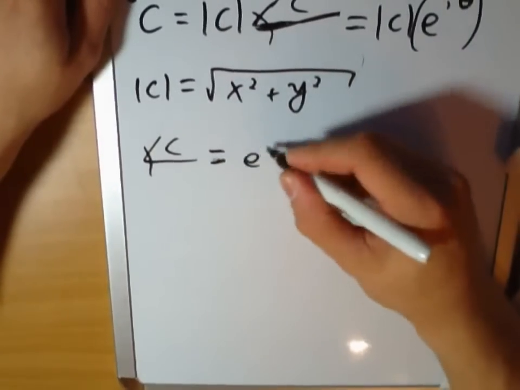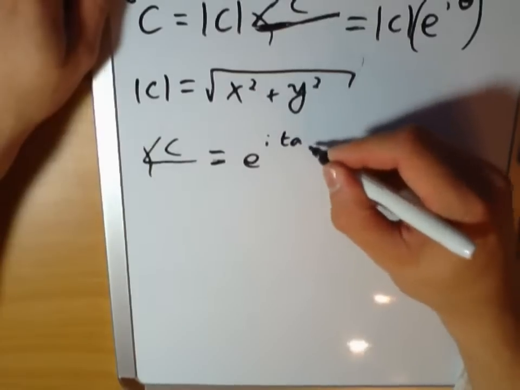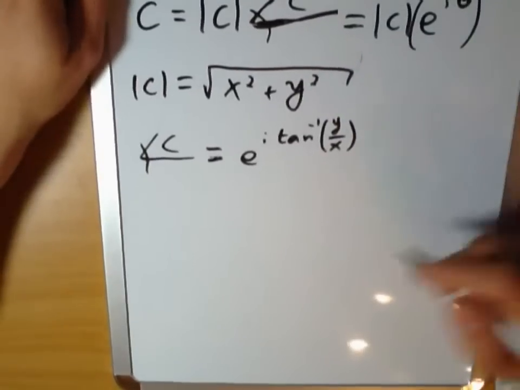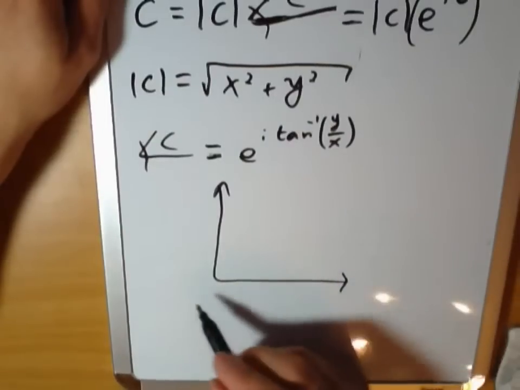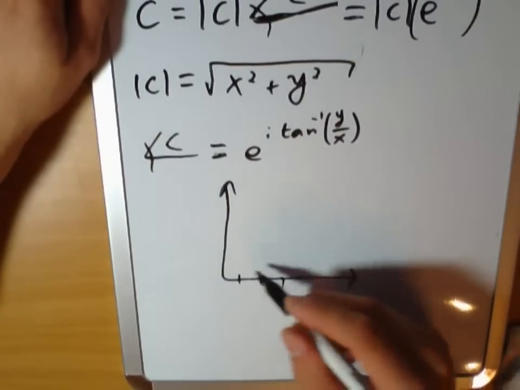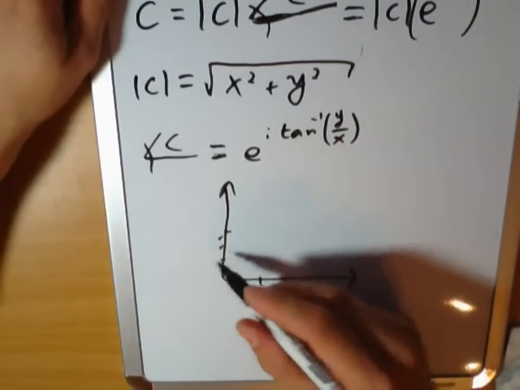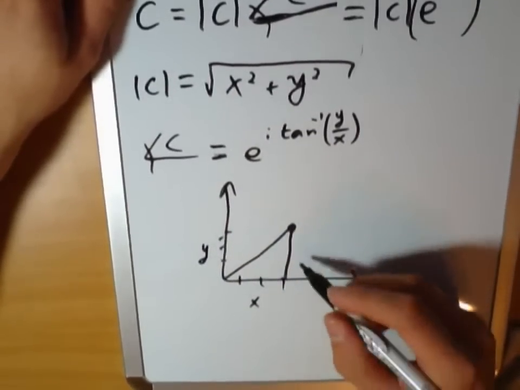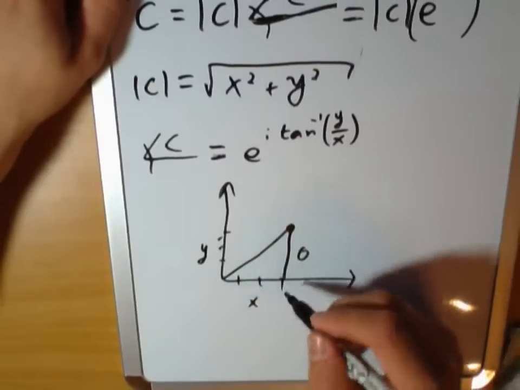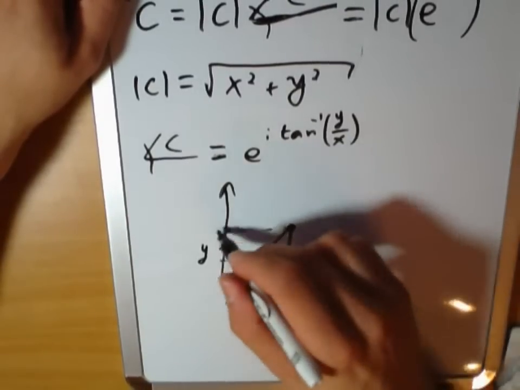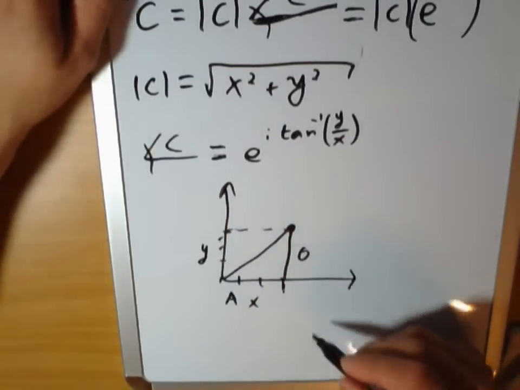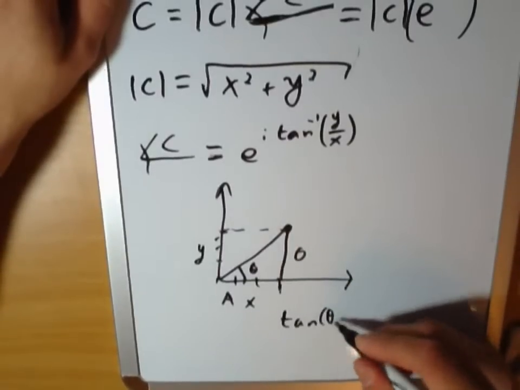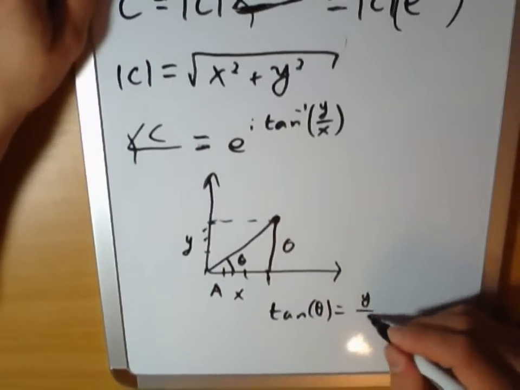Turns out that it's equal to e to the i inverse tangent y over x. And that just comes from the fact that on the complex plane, if you go over x and up y, you have a kind of a triangle corresponding to that. Well, tangent is opposite over adjacent, where opposite is equal to y, adjacent is equal to x. So we'll call this theta, tan theta equals y over x.